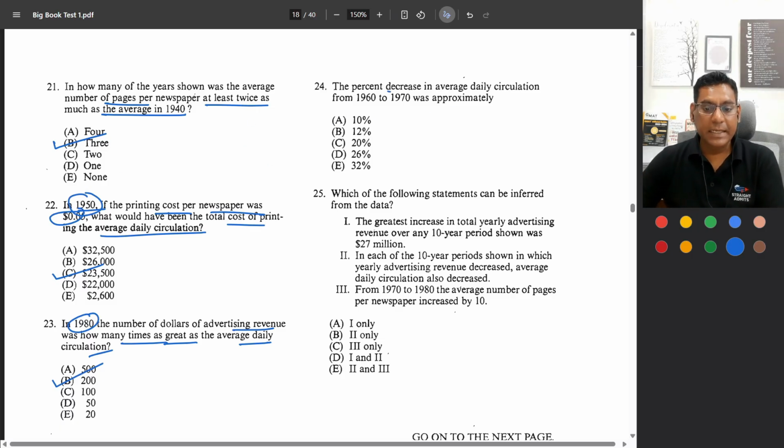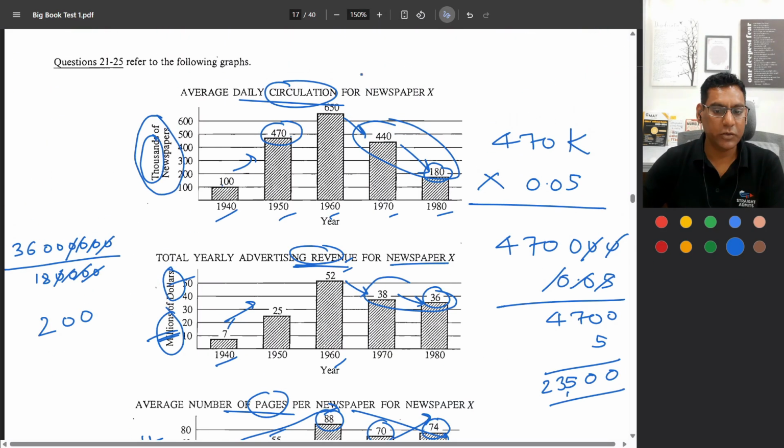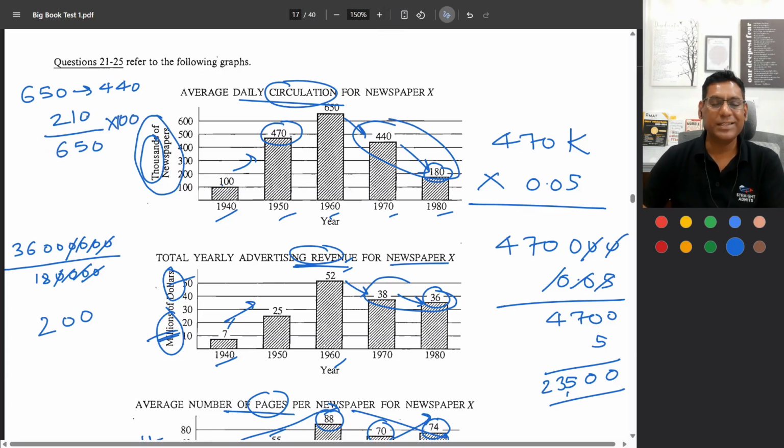Question 24. The percent decrease in average daily circulation from 1960 to 1970 was what percentage? Okay, let's see. 1960 circulation was 650. It went down to 440. What was the absolute decrease of 210 on the base of 650? So this much percentage decrease. Okay, so you will see that this is about one third of the number.